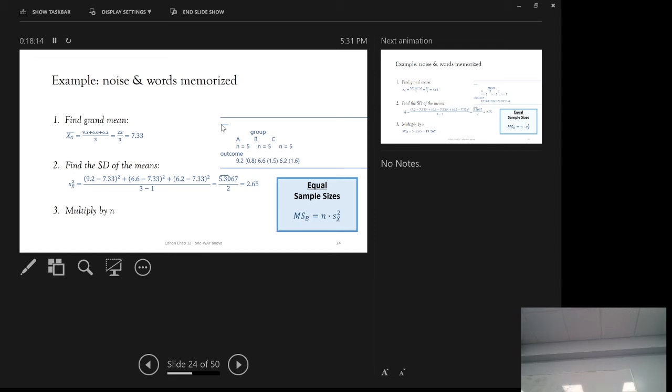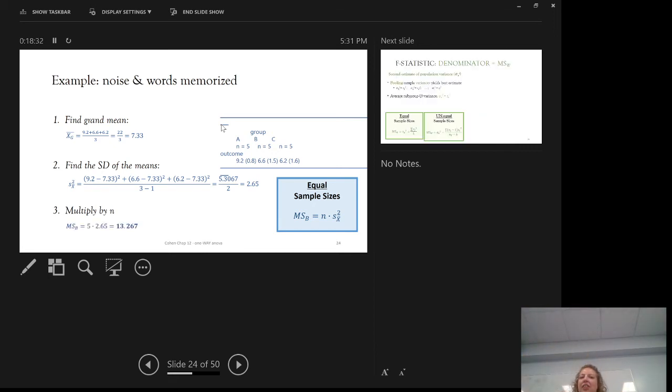Now, when you add them up, do you divide by 3 or divide by 2? You do n minus 1 if you're doing the unbiased standard deviation. We learned all this jazz when? Way back in chapter 2, maybe? Yeah, a long time ago. And then you times it by n. Okay. So in this case, what's the top number of our F statistic going to be? $13.3. Okay. I chose this example because it's small.